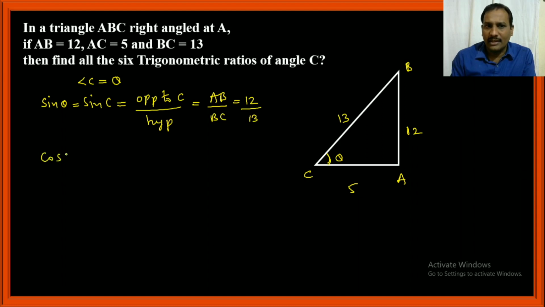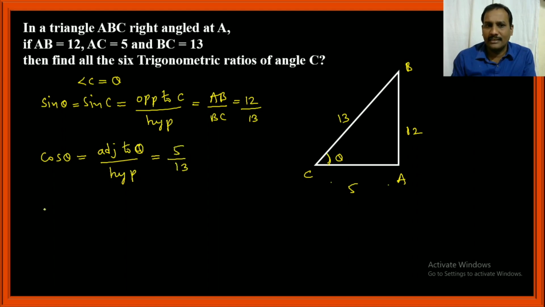Similarly, you can find cos theta. What is cos theta? That is the adjacent side to C by the hypotenuse. What is the adjacent side here? AC. AC is the adjacent side, and what is the hypotenuse? BC, that is 5 by 13.